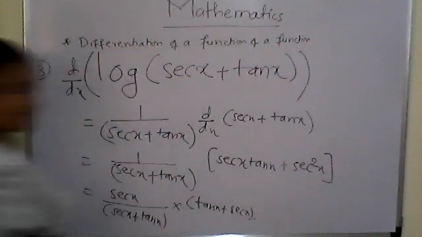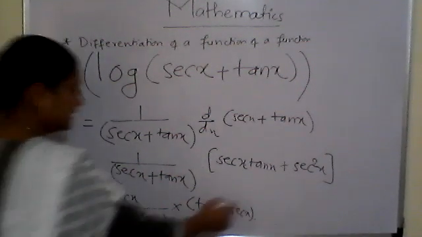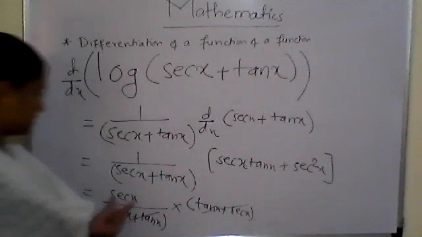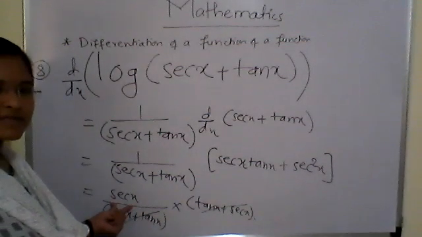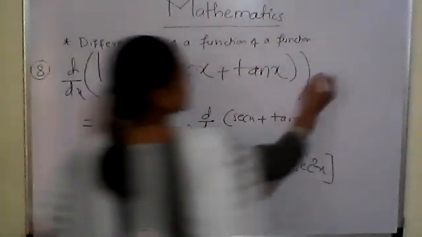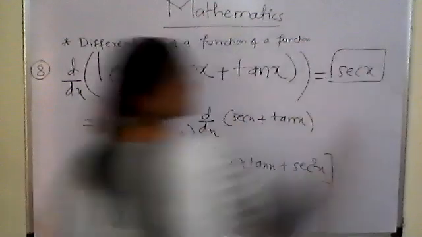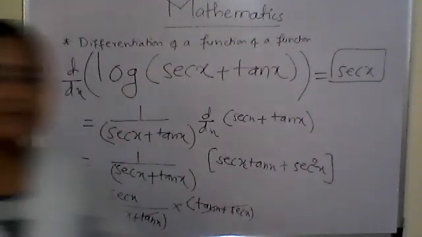We know that addition is commutative. So in the remaining term it is sec x. So the derivative of log of sec x plus tan x is only sec x.